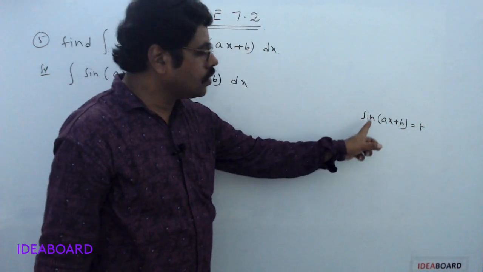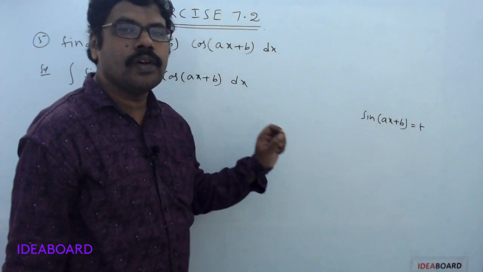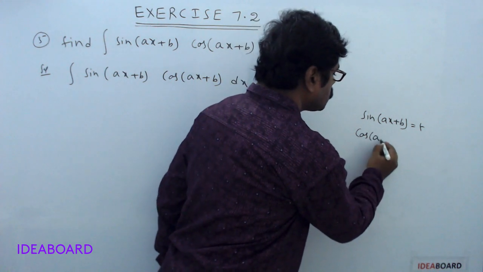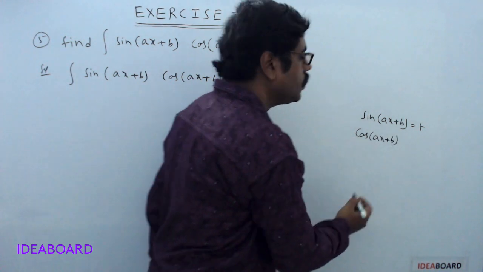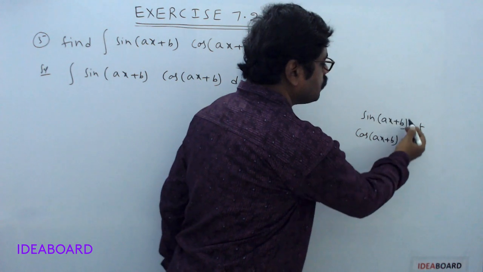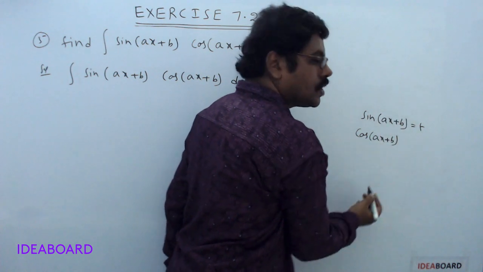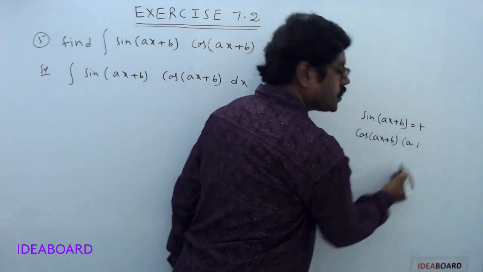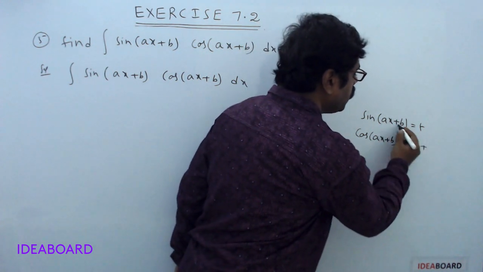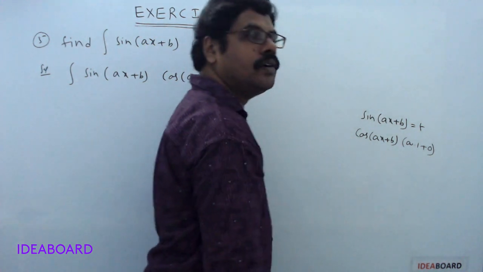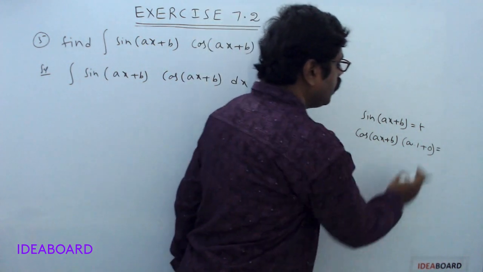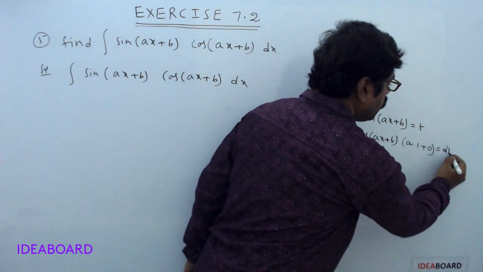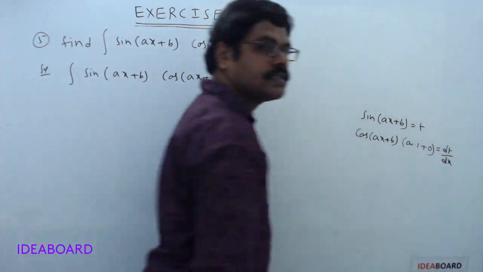Differentiate this equation on both sides with respect to x. Sin of ax plus b, derivative: cos of ax plus b into derivative of ax plus b. What is the derivative of ax plus b? This is a into derivative of x with respect to x, 1, plus b constant, its derivative 0, equals derivative of t with respect to x, which is dt divided by dx.